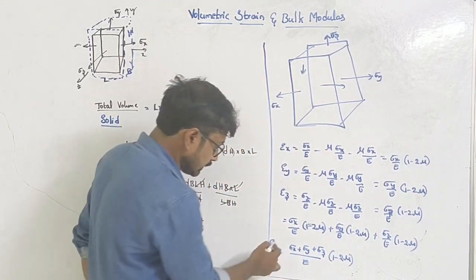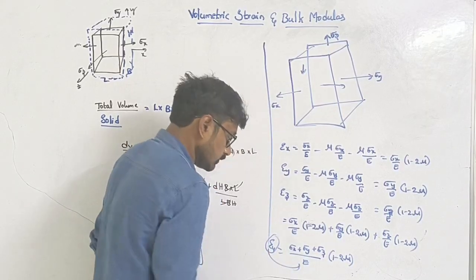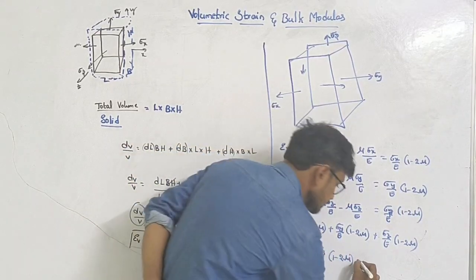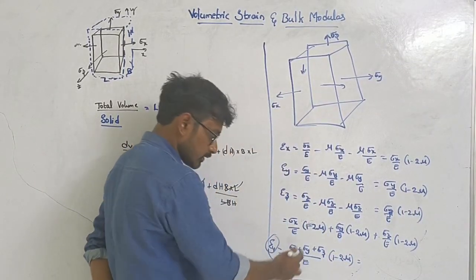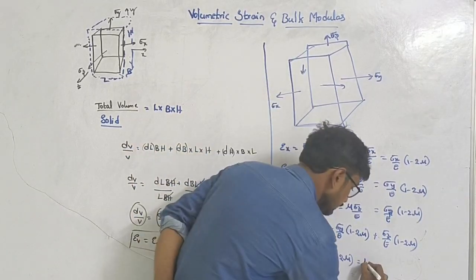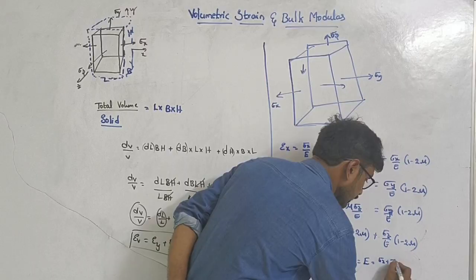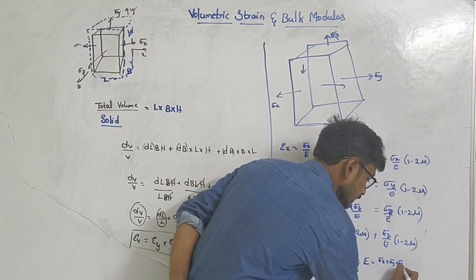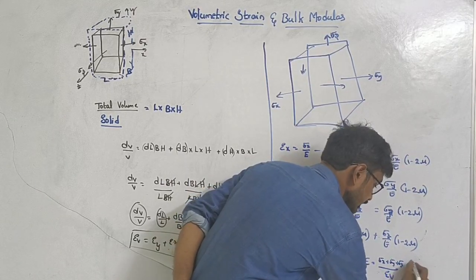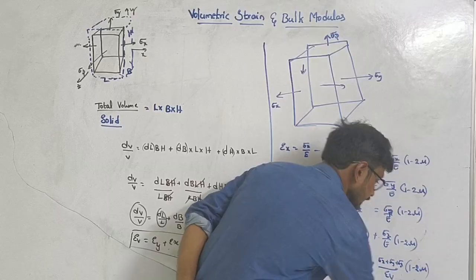So whenever I take the volumetric strain to the other side, the equation becomes: E equals (sigma x plus sigma y plus sigma z) by volumetric strain, into 1 minus 2 mu. Can I write this?